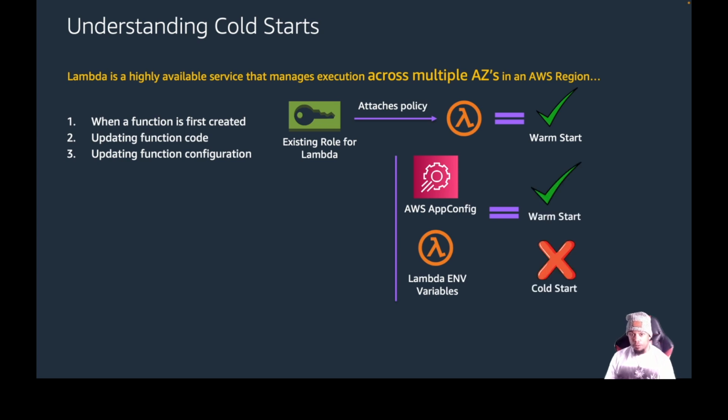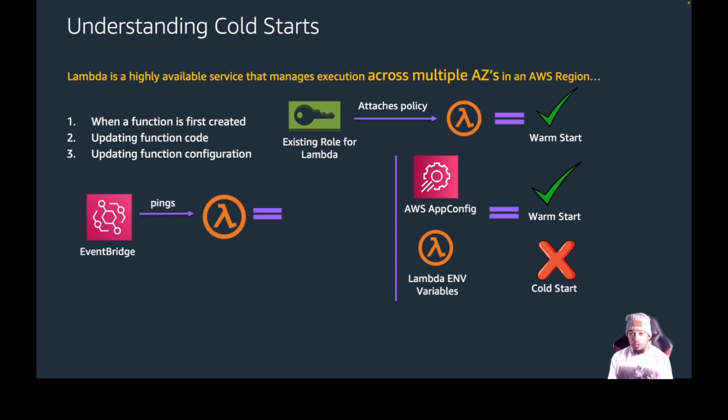The environment variables would get a cold start because that changes the Lambda environment itself, so it has to rebuild. Now, AppConfig, because you're relying on asynchronous calls to hydrate your configuration variables, you would just make the changes in the AWS AppConfig context, and Lambda would pick up whatever changes those were. So this is a good way to reduce the dependency to redeploy a function when you make certain changes.